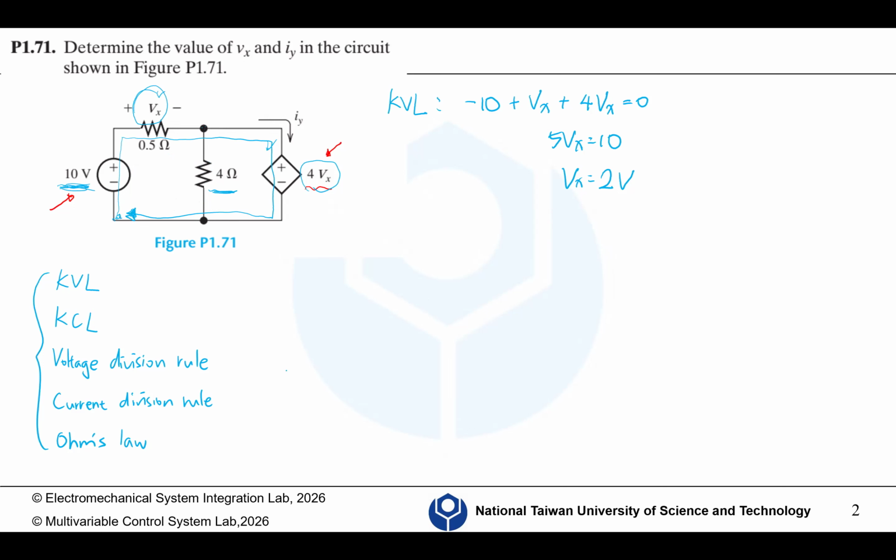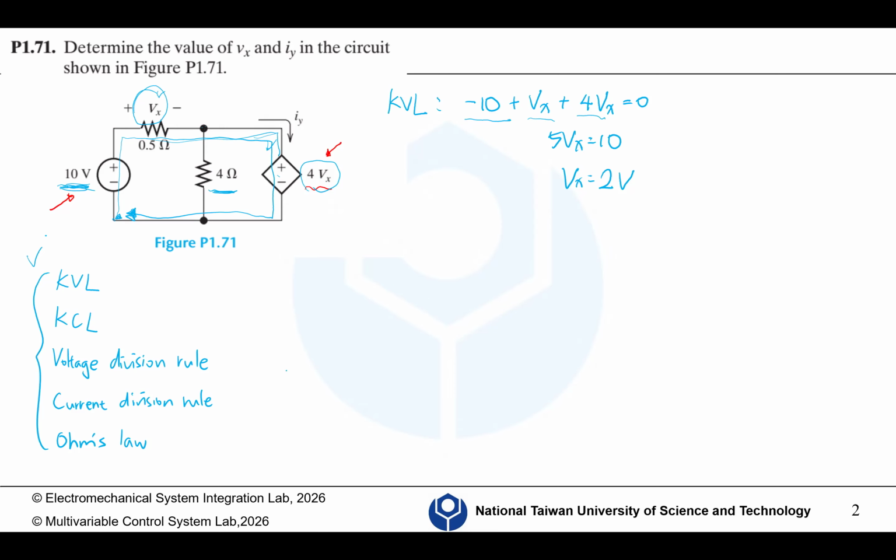So from the bottom left corner, minus 10, plus Vx, plus Vx, plus 4Vx equals 0, the same equation. No matter how, as long as it is in the circuit, these rules all need to be satisfied. Okay, so we find Vx.